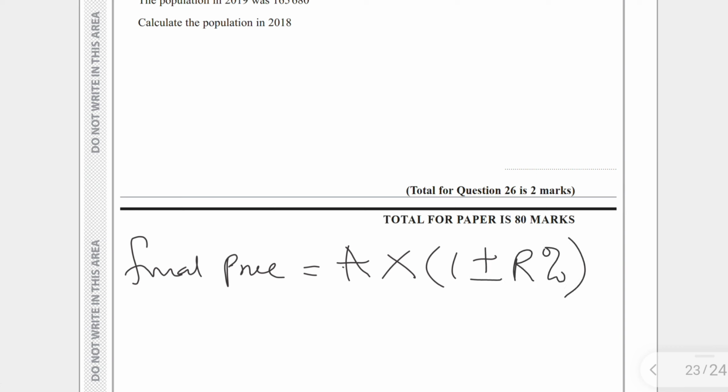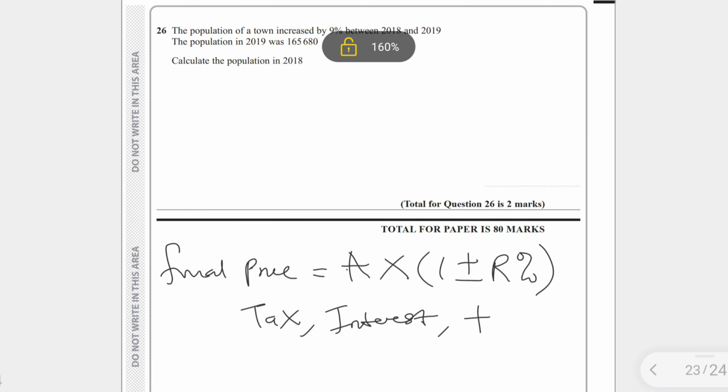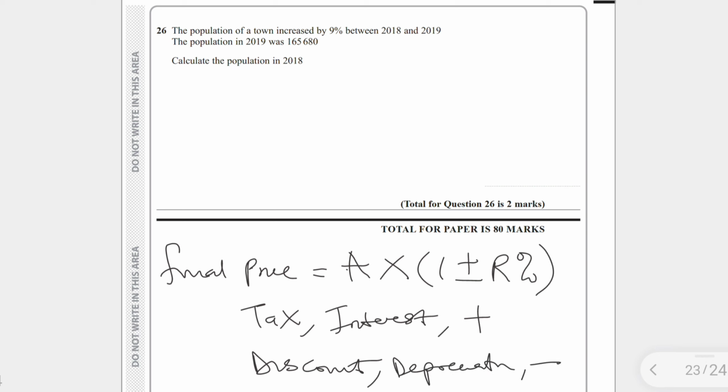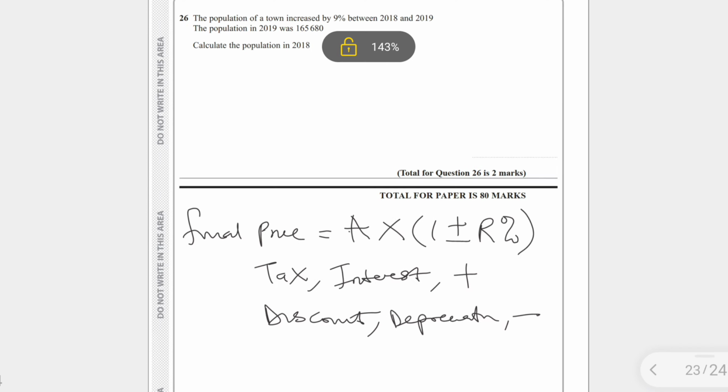Now what do I mean by this? If it is something that has to do with increments like sales tax, like interest, in that case it is going to be plus. But if there's something that has to do with discount or depreciation, then that case is going to be negative. Okay? That is for the final price.